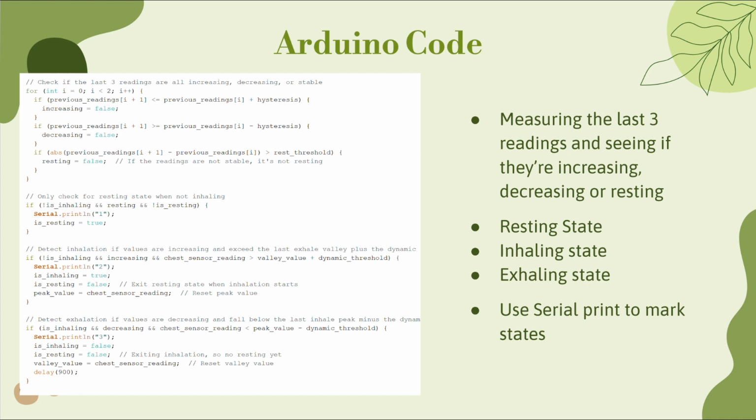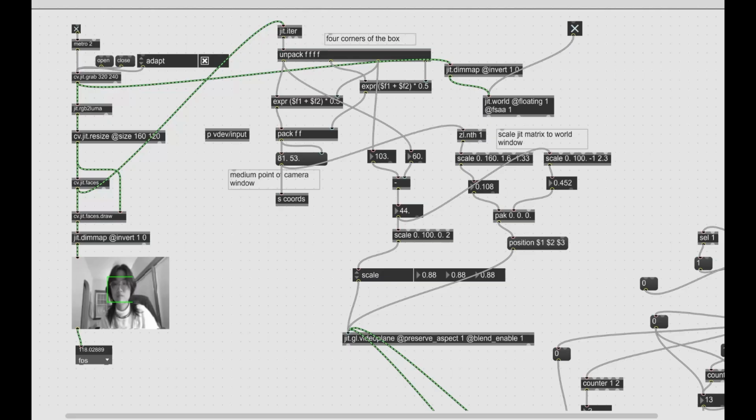Using the serial monitor, we can then connect it with Max, so that it can read the outputs from the Arduino. For my Max program, there are two main features. The first feature incorporates computer vision. Using cv.jit, I'm taking the camera input and using face tracking to find the coordinates and locate the face.